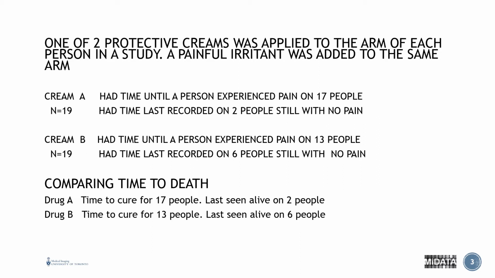How about another example? Let's talk about survival. If we're comparing time to death based on 2 drugs for cure, for drug A, time to cure for 17 people, but 2 people were still alive at the time of last recording, and drug B, we had cure for 13 people, but at the time of last recording, we had 6 people still alive.